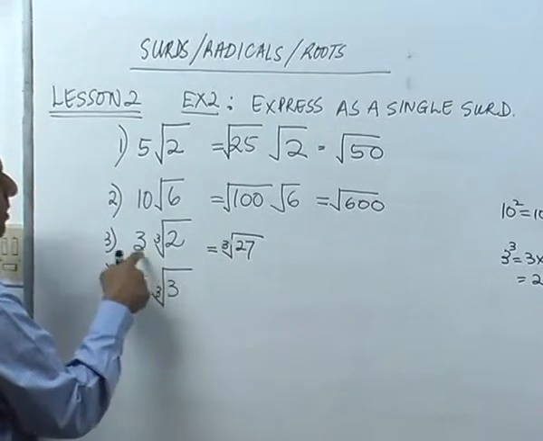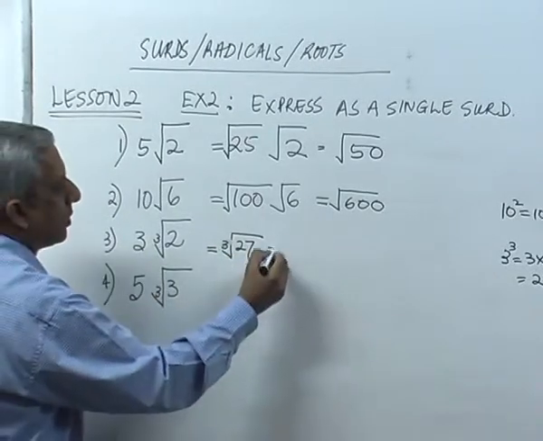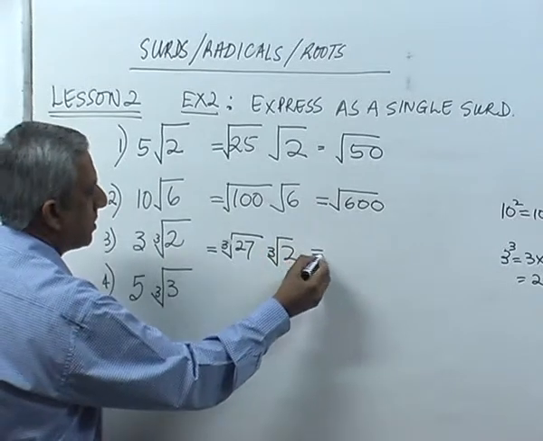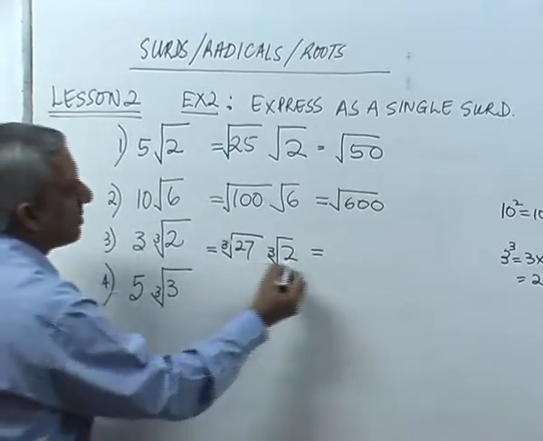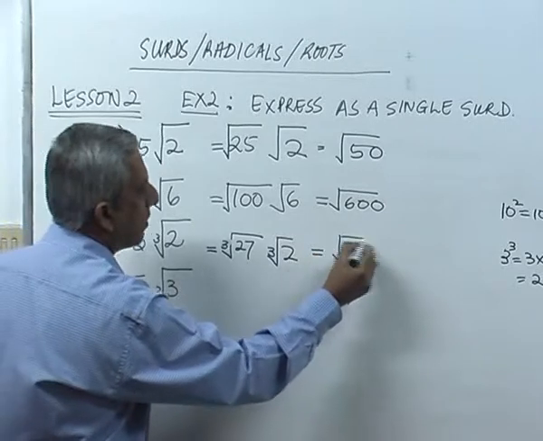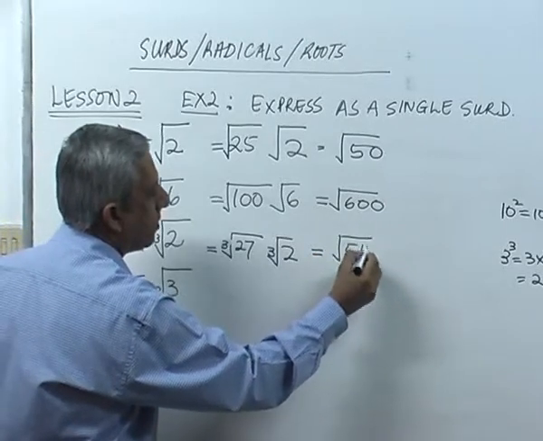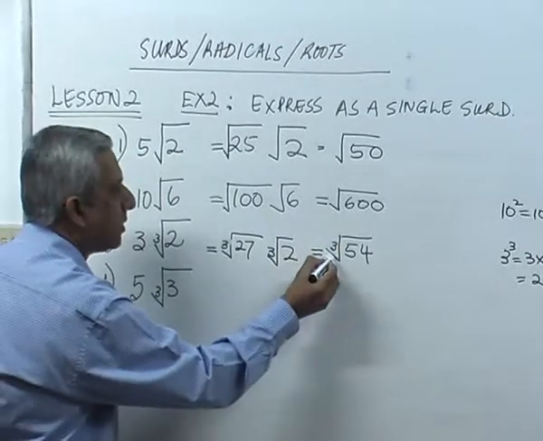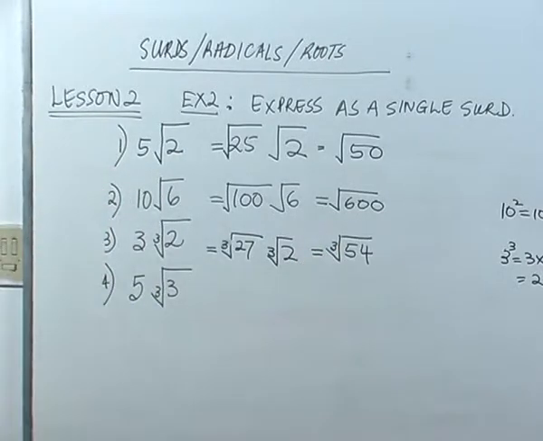Cube root of 27, cube root of 2, which gives you 27 times 2, 54, and you must write the 3 because we're dealing with cube root.